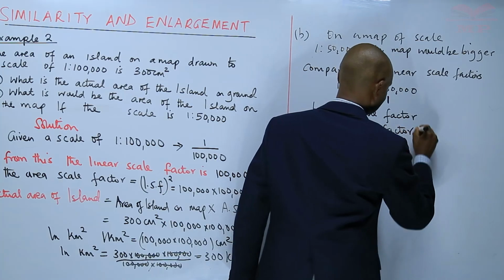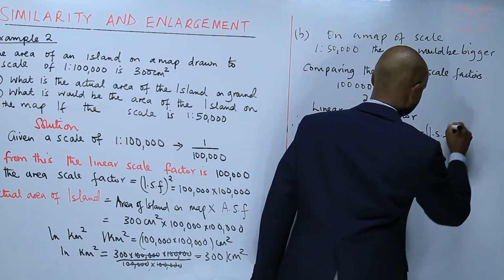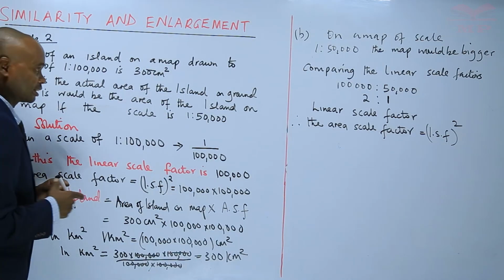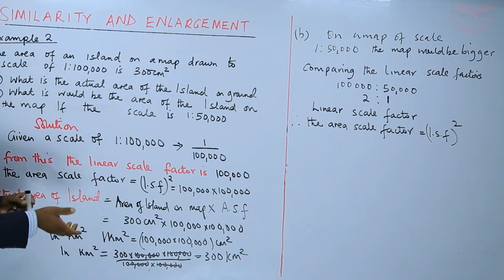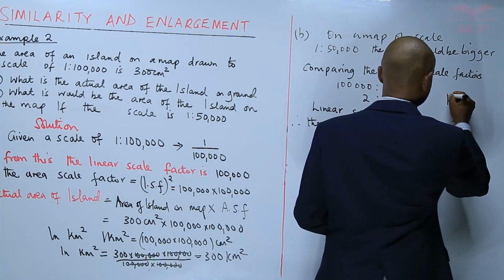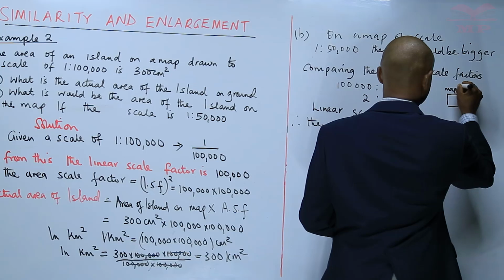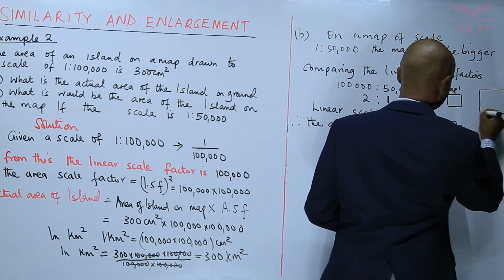will be equal to the linear scale factor squared when you are comparing the maps. It's like in the other lessons where we used 2 cuboids; here we are using the first map and the second map. Map 2 will look bigger.